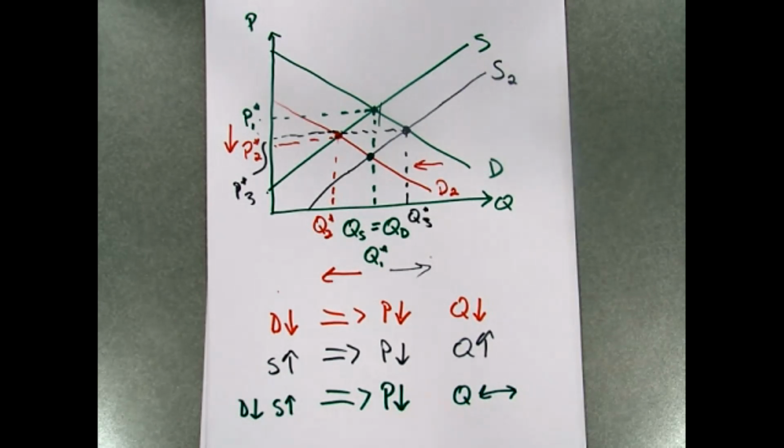We can't say whether quantity goes up or down without additional information. Now, if you told me that whatever caused the supply curve to increase was a larger shift than the demand decrease, then I can start to make statements, right? But without any additional information, I would say they're both pushing quantity in different directions. The effect is indeterminate. Okay.